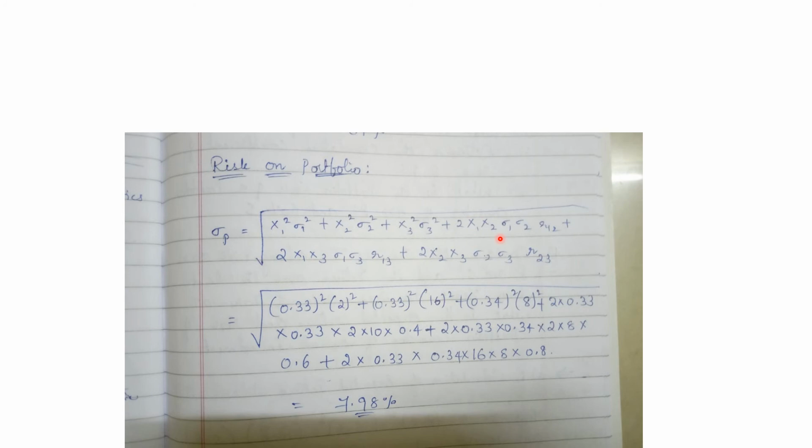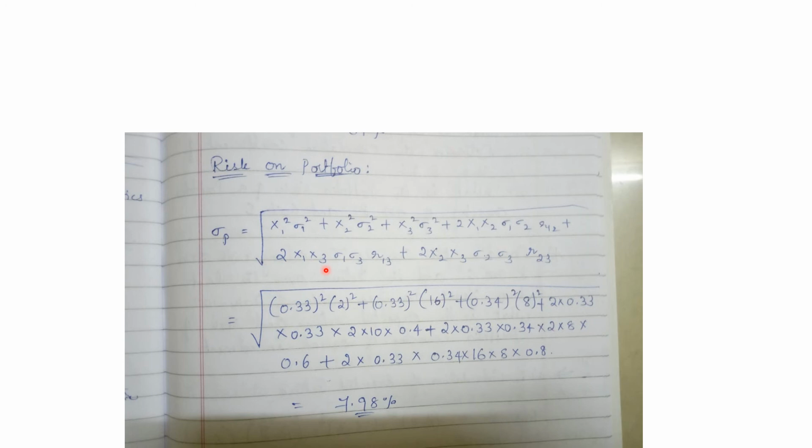First security and second security, same risk of standard deviation 1 and standard deviation 2, that is R12 correlation coefficient plus x13 first security and third security. Again you need not take third and 1 here, both are same. 1 3 is equal to 3 1.